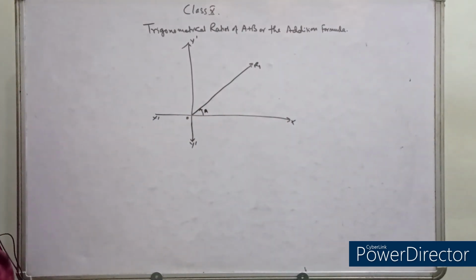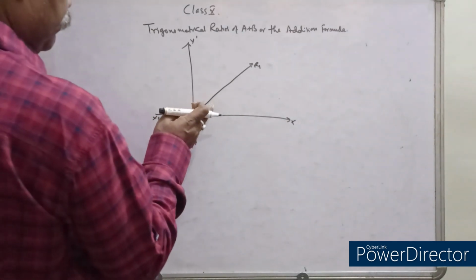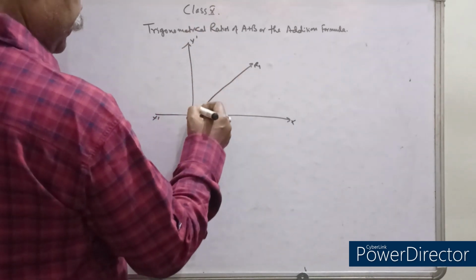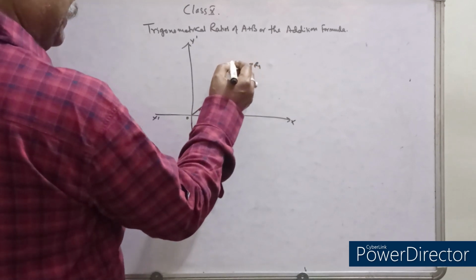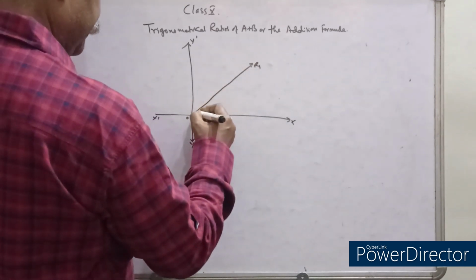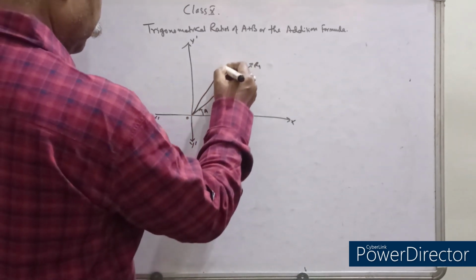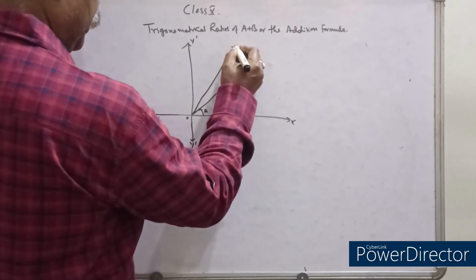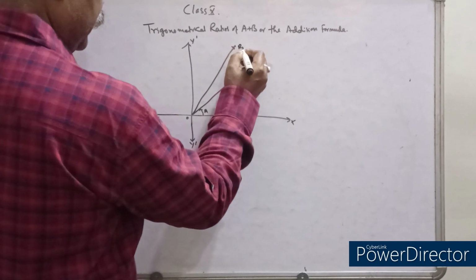After that, this revolving ray moves again from this position, makes an angle B and comes to this position.